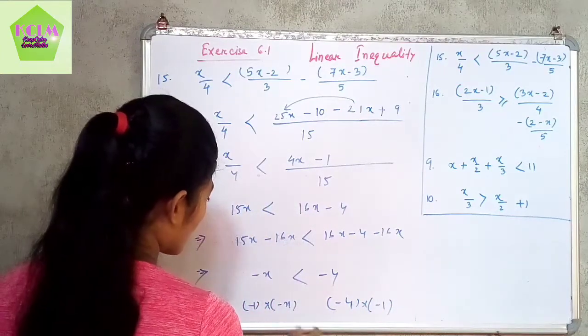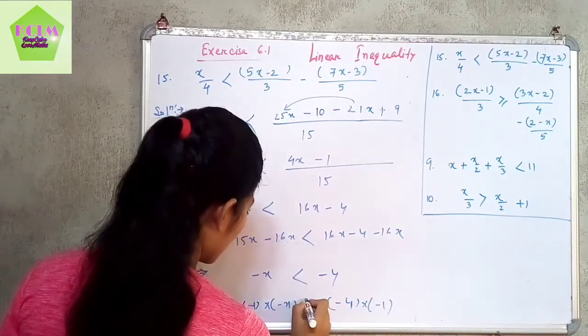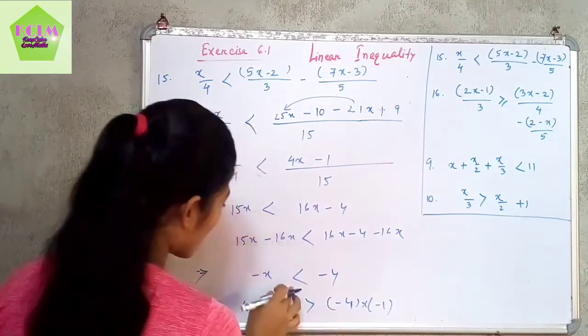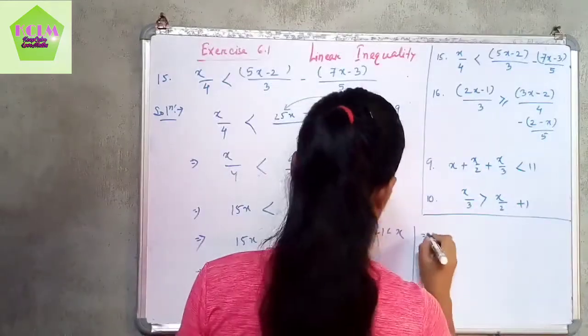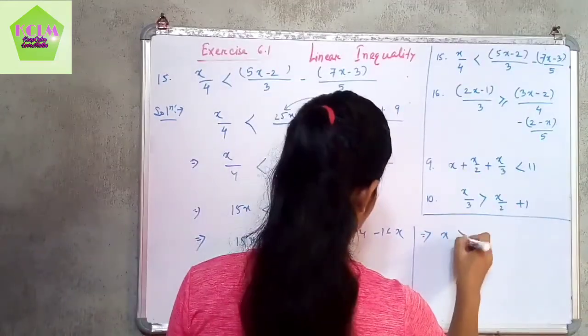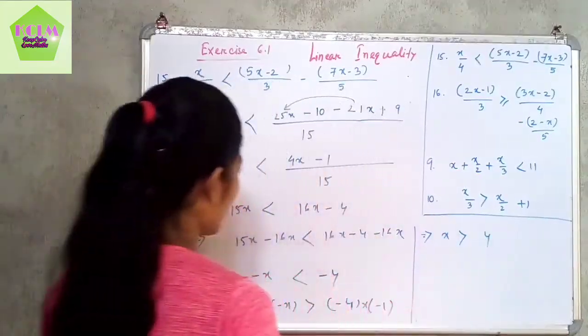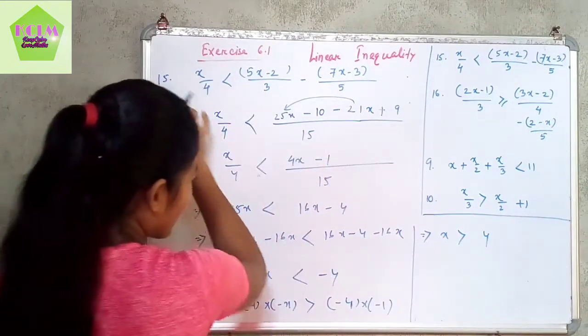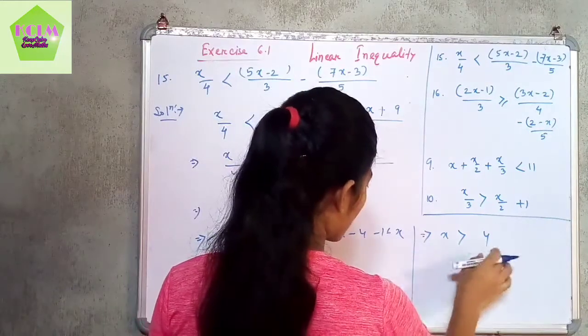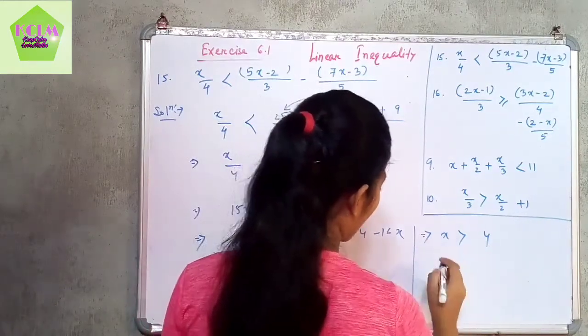According to this rule, the sign is reversed, so less than becomes greater than. Finally, x is greater than 4. So the solution for this linear inequality, question number 15, is x greater than 4.